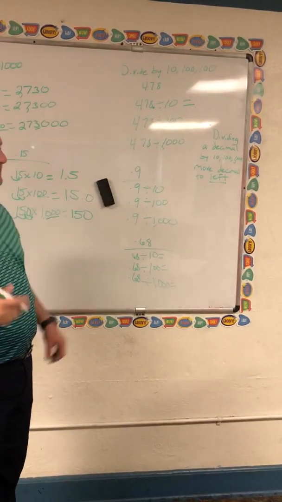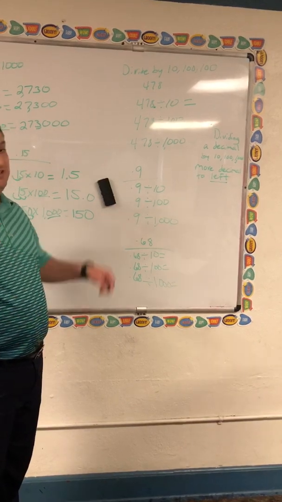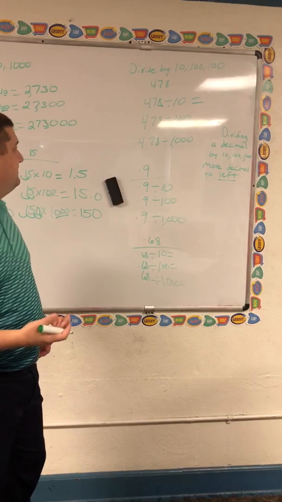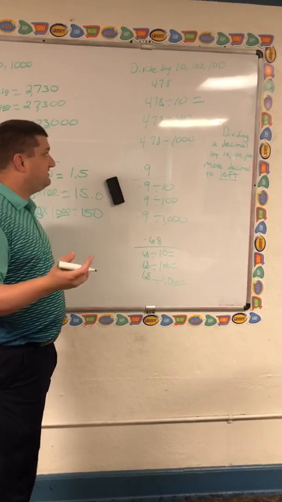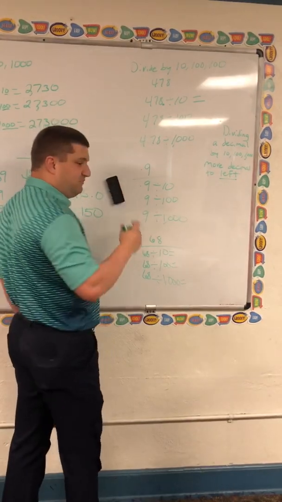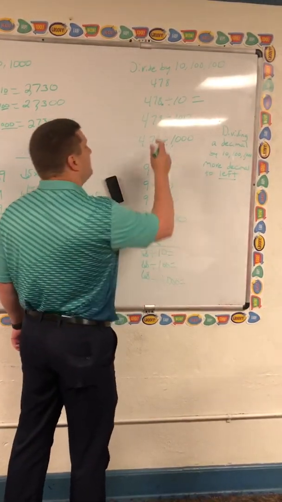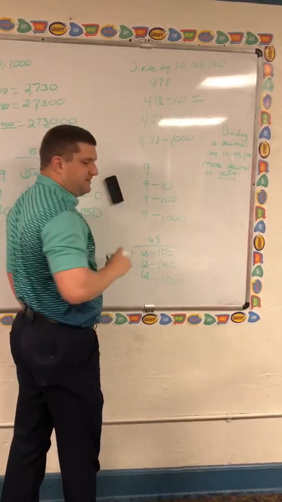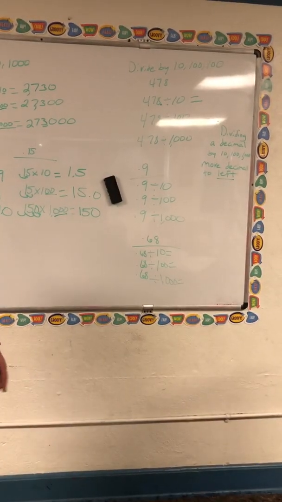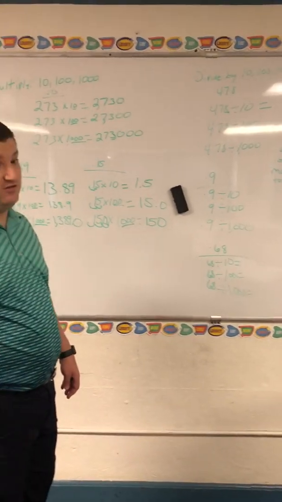Just like in multiplication, the number of zeros in your power of 10 decides how many spots you're moving the decimal. And in dividing, you move the decimal to the left.